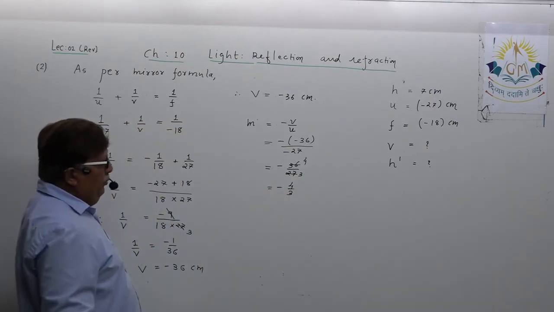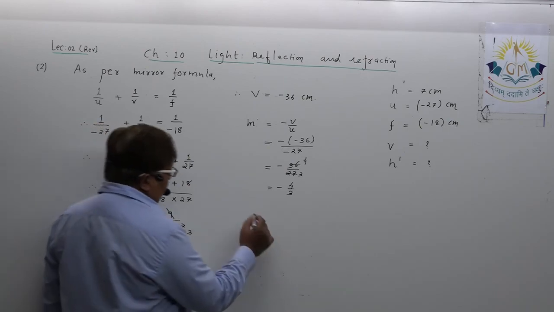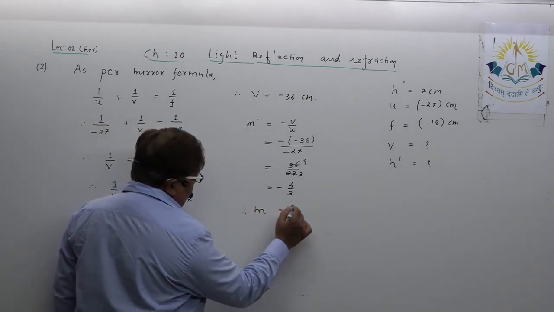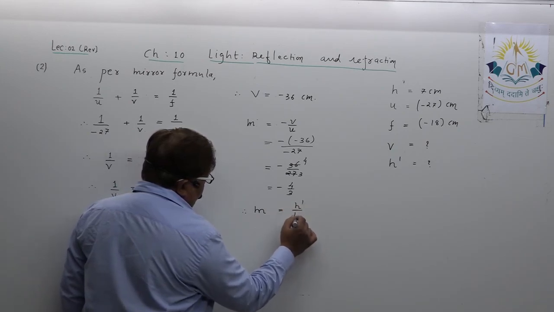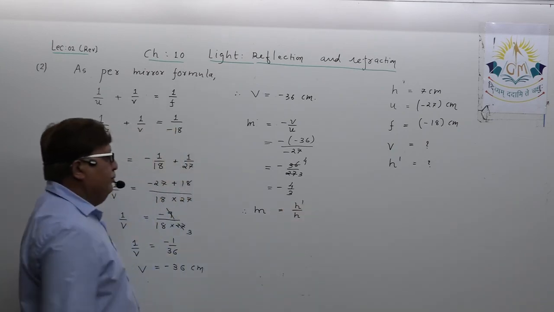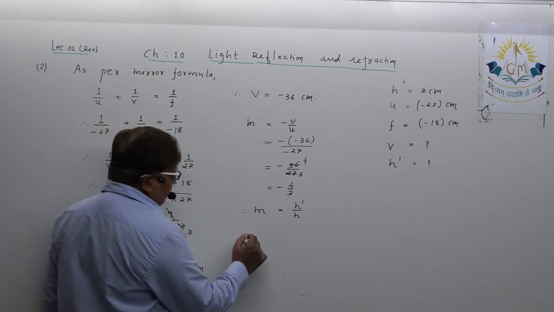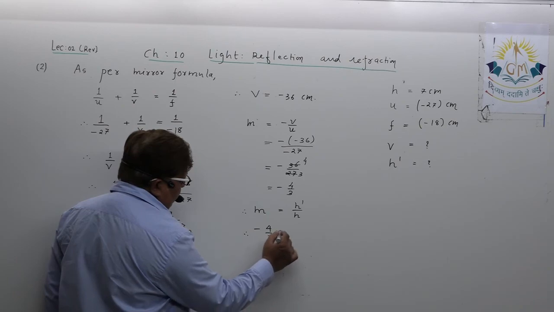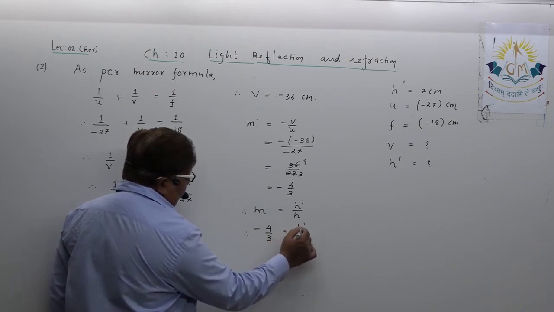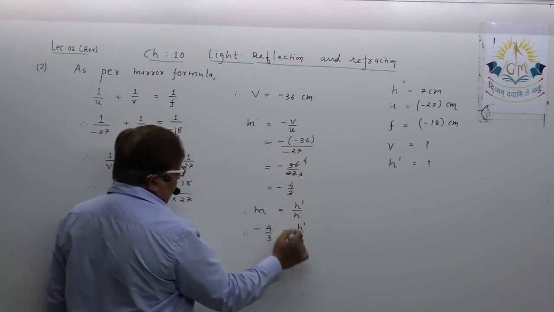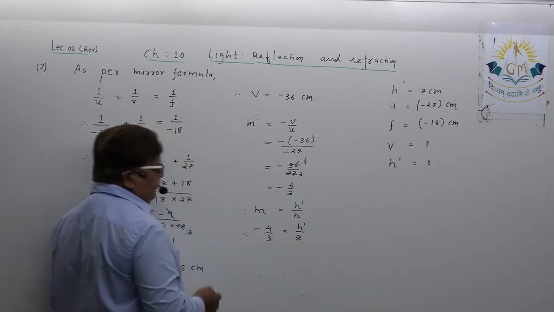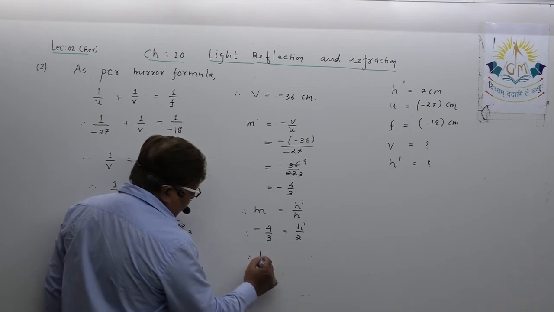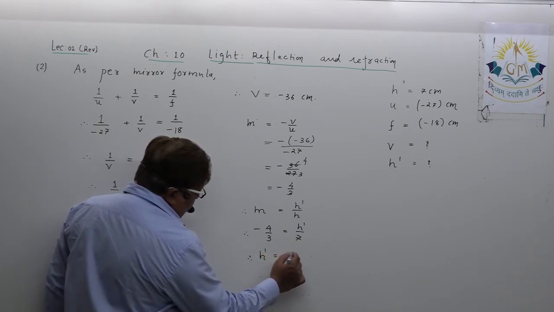After you got M, you are looking for the height of the image. M equal to H dash upon H. What is M you got? Minus 4 upon 3. H dash you are looking for. H you have. Just a simple cross multiplication.